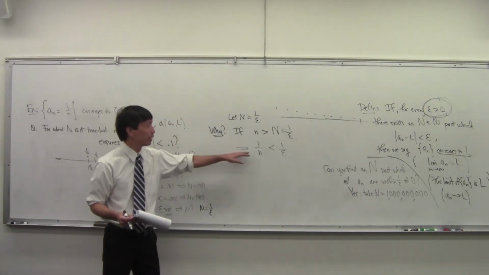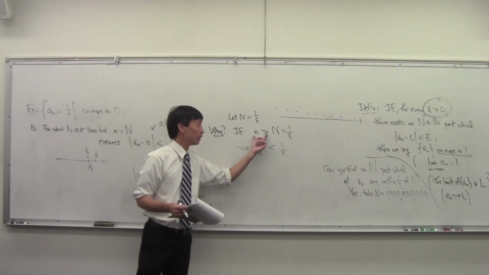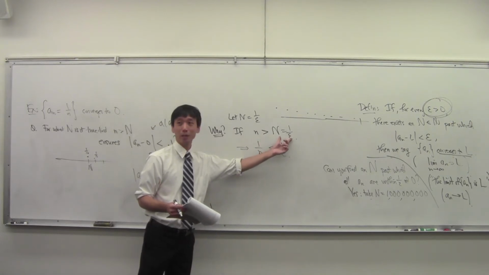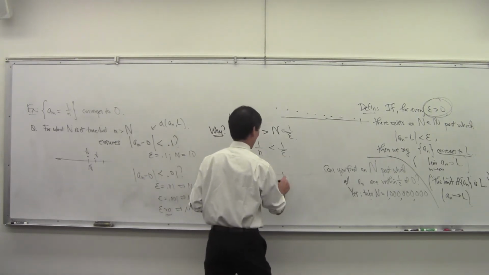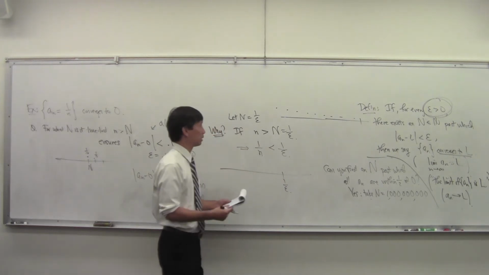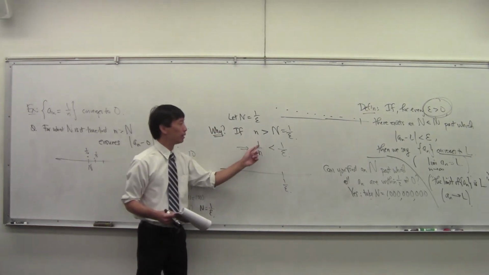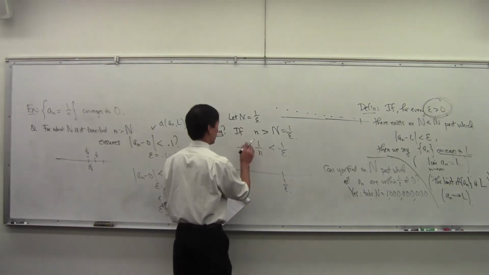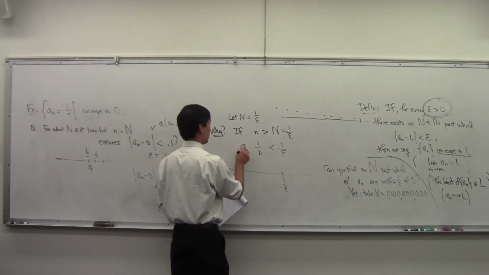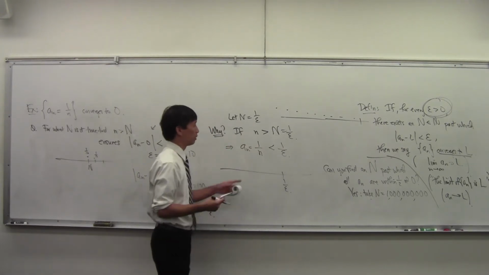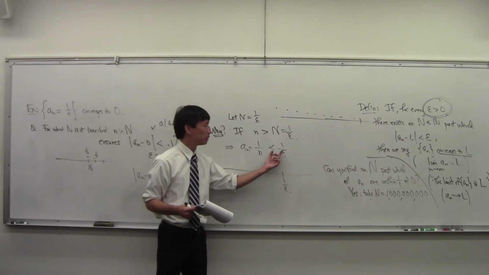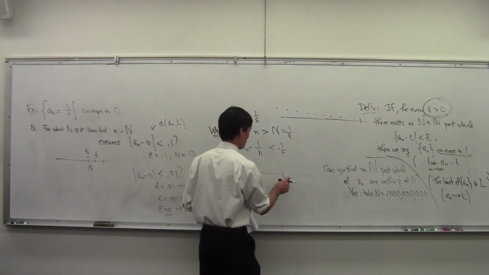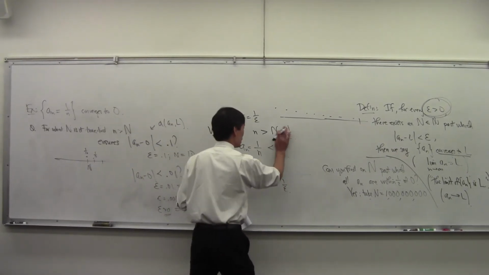You can prove it algebraically. If little n is bigger than 1 over epsilon, if you're past the 1 over epsilon point, that means that a sub n, which is 1 over n, is less than epsilon.